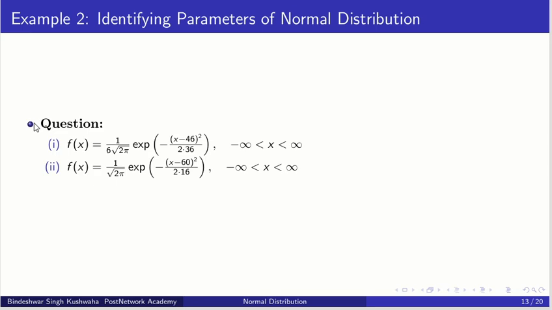Now let us see identifying the parameters of a normal distribution. In this case the PDF is already given. You need to identify mu and sigma square, and if you get sigma square, you can also get sigma. Let us solve this one.